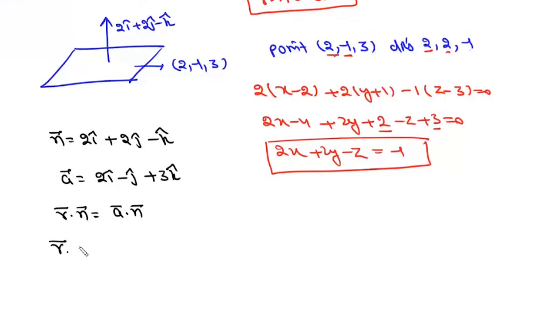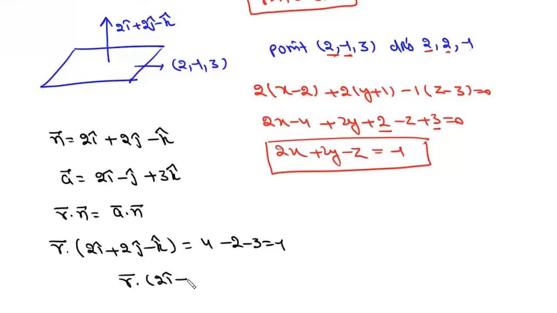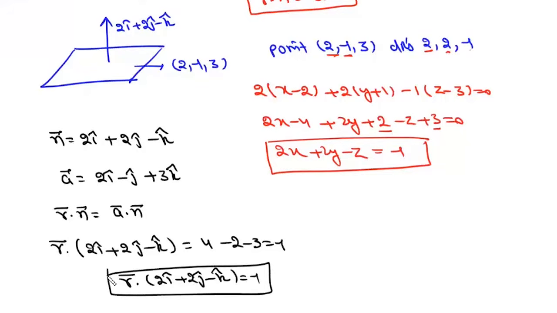Now r is r and n is 2i plus 2j minus k, and it will be equal to a dot n, and a dot n is 4 minus 2 minus 3 which is minus 1. So equation of this plane in vector form is r dot 2i plus 2j minus k, and is equal to minus 1. So we can write this equation in Cartesian form as well as in vector form.